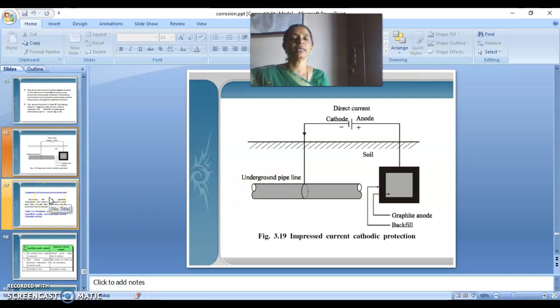So by this method, if we supply electrical current to this circuit, the anode terminal will undergo oxidation. According to electrochemical principles, the cathode will undergo reduction. Reduction means no corrosion. Anode means oxidation, where we can expect corrosion.